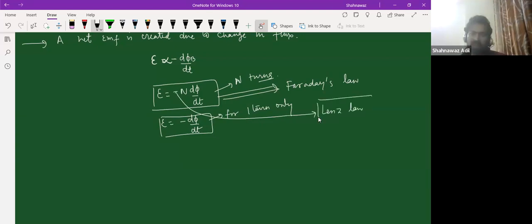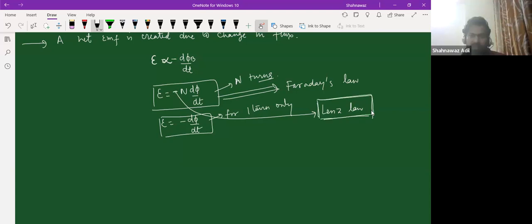So this Lenz's law is very important. This negative sign shows that energy cannot be created or destroyed, it is only transferred.